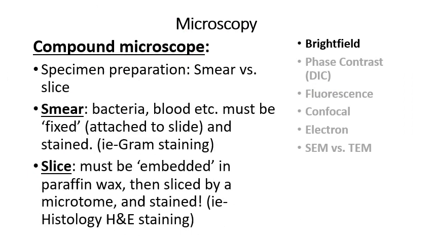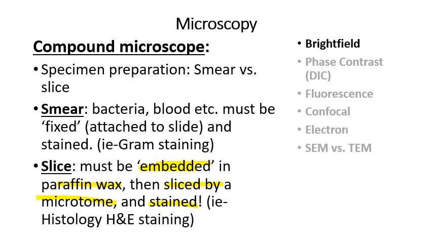Okay, now depending on what you're looking at under the compound microscope, you have to prepare the sample, right? So if you're looking at tissues, normally what happens is you embed the tissues into paraffin wax, and then you slice the tissues into thin slices using a machine called a microtome, and then you stain them.